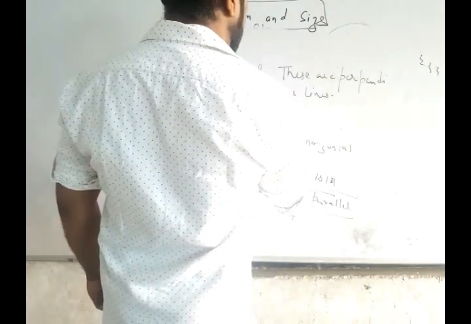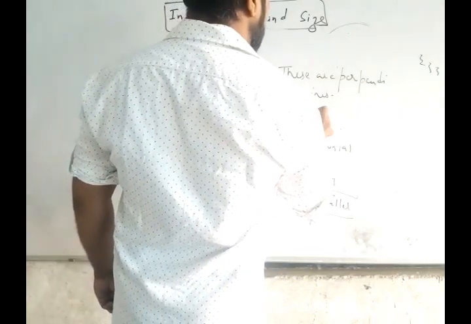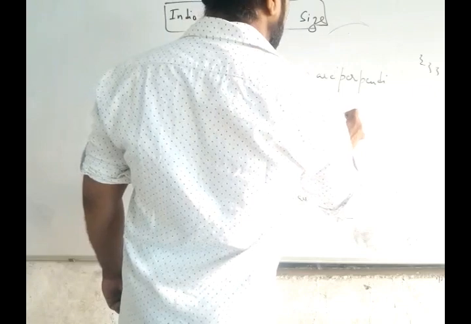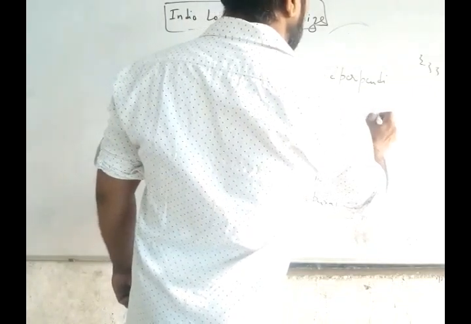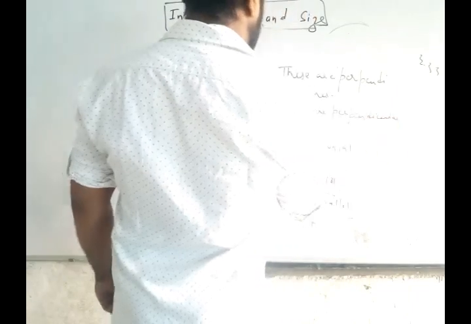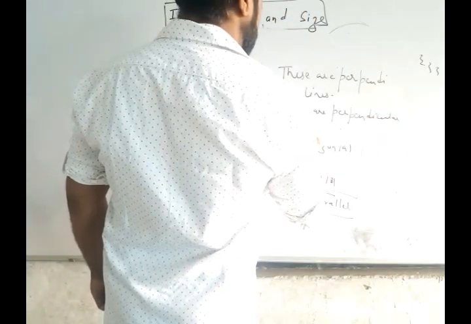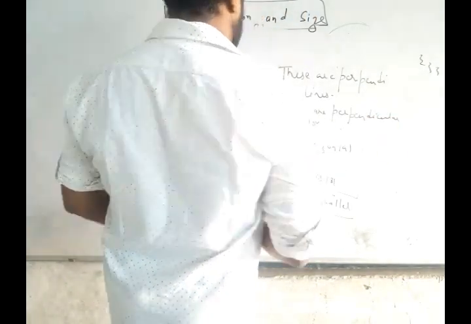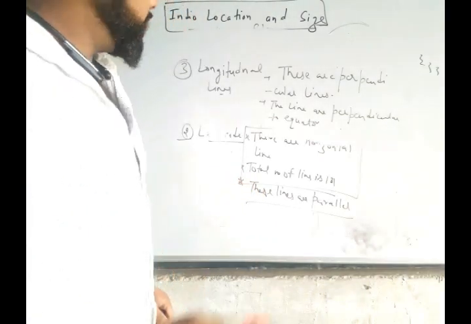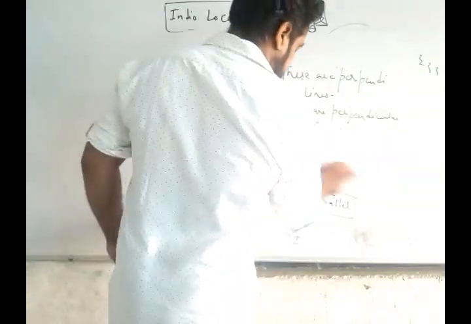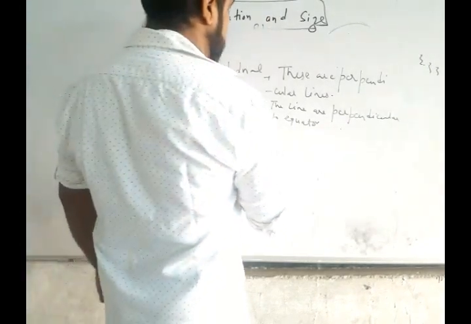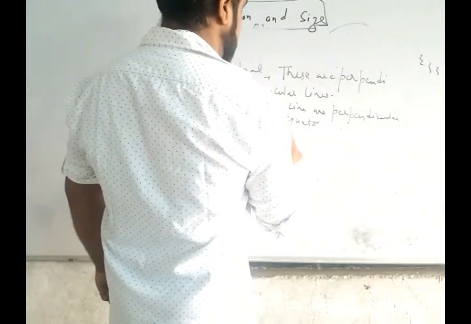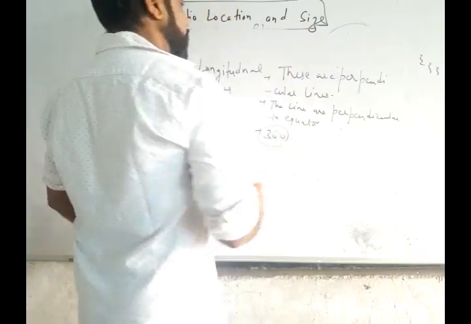These lines are perpendicular to the equator. Number of these lines is 360.